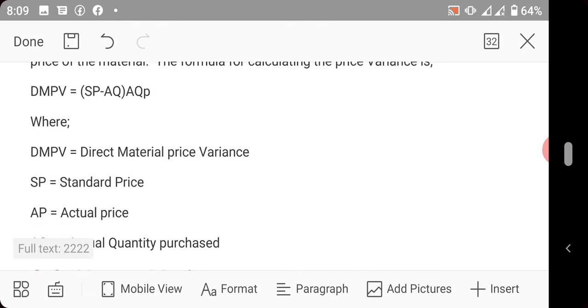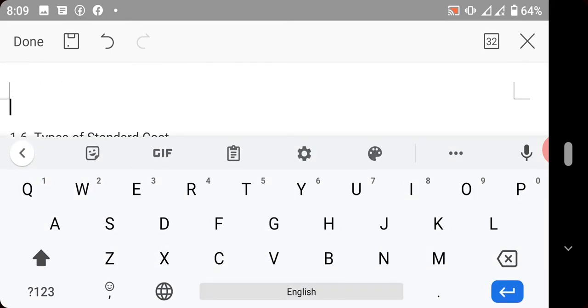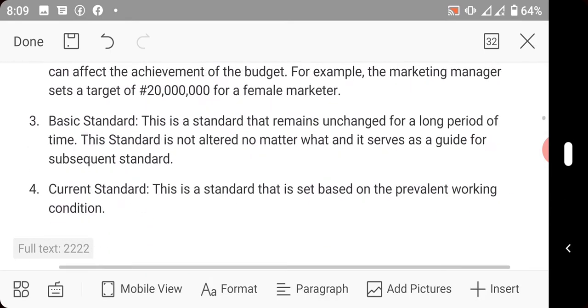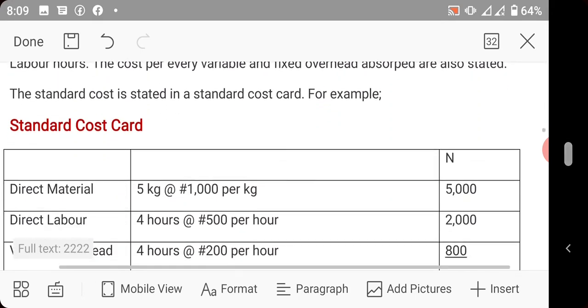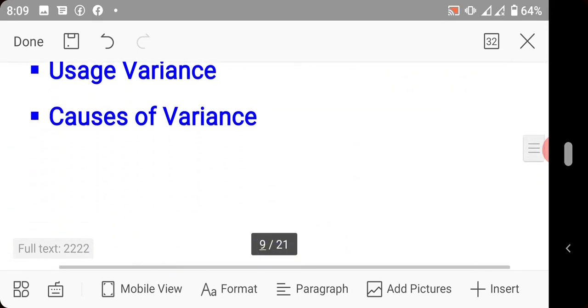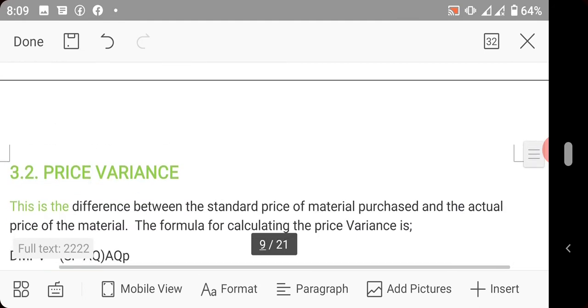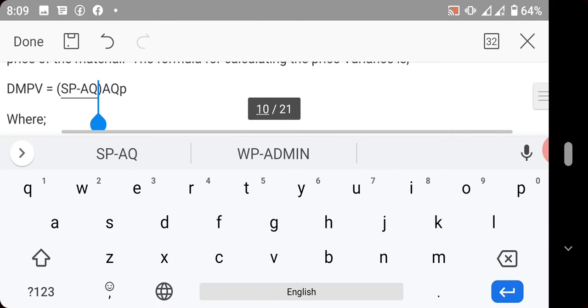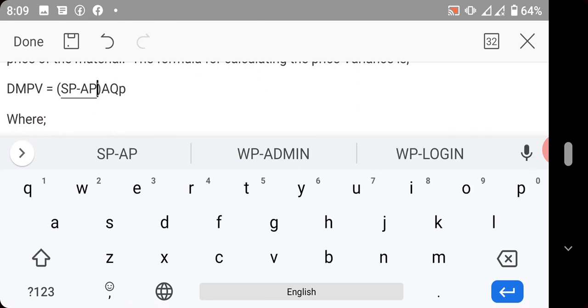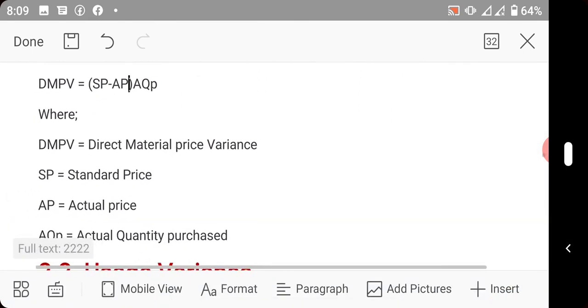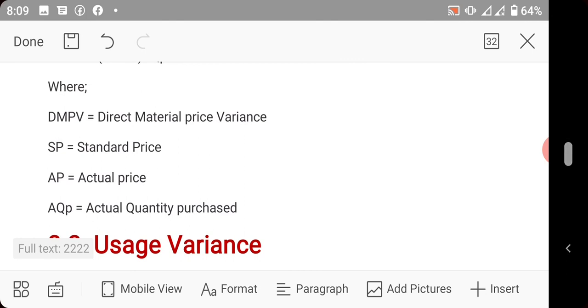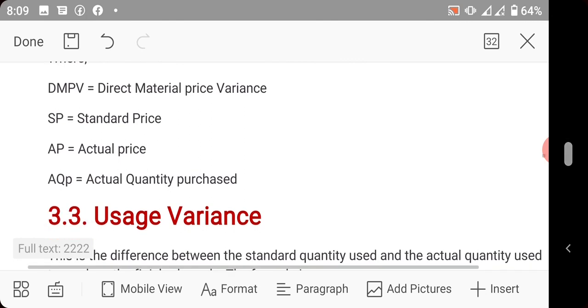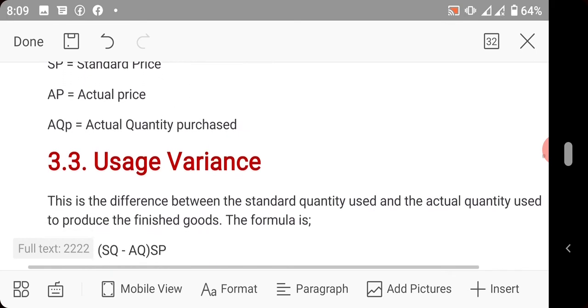So the formula is standard price minus actual price, times actual quantity purchased, where SP is standard price and AP is actual price.